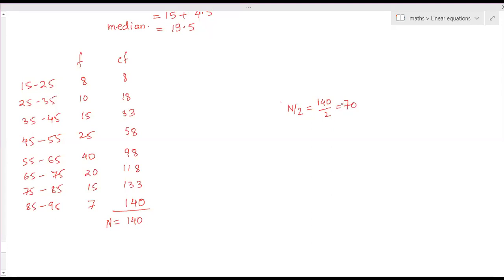And then you have n by 2 minus CF. Ananya, pay attention in the class.